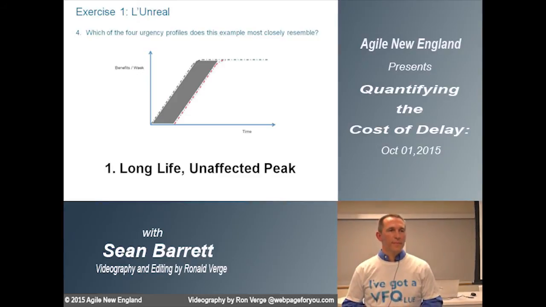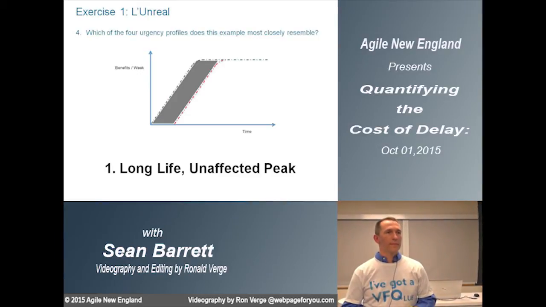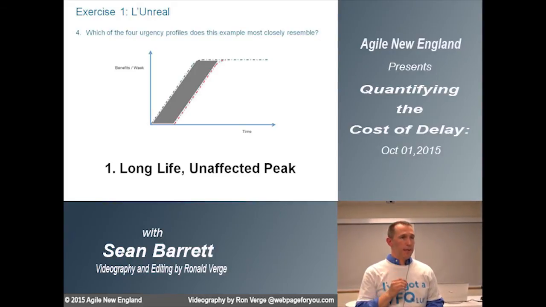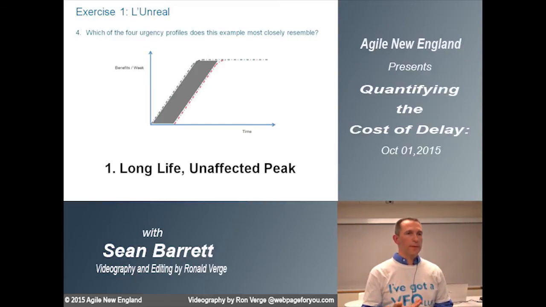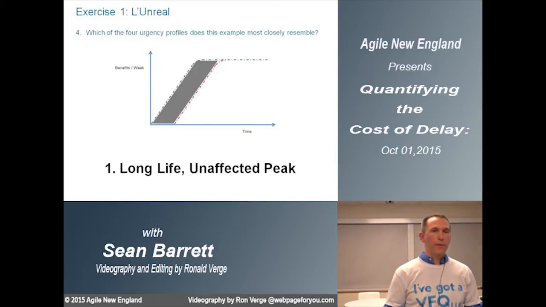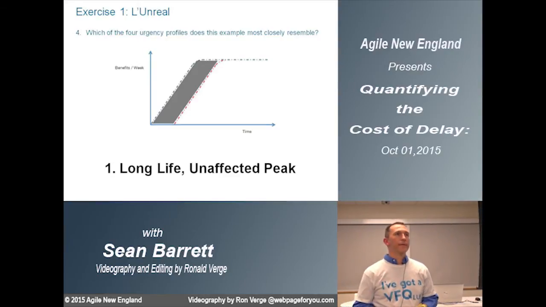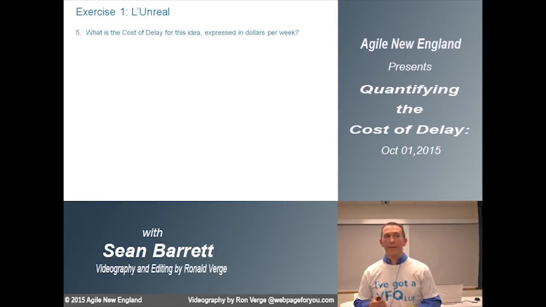So you could probably want to place by October 1st. But you want to think about it as: if we could start on it today, will we begin accruing value if we were able to deliver the capability right at this moment? And since you're spending the money every day, you could start saving today. So it's a long life, unaffected peak, the first profile there.